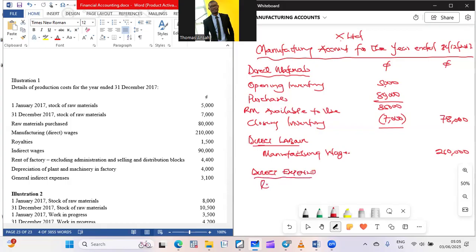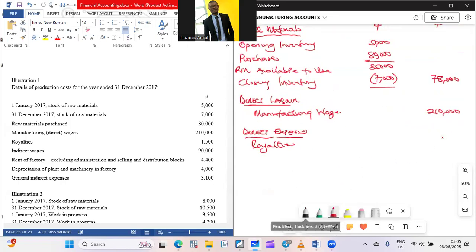We have royalties, right? Is that the only one? I guess so. Royalty is 1,005. Can also add it straight here. So when we add everything together, what is our prime cost? Our prime cost, therefore, is 289,500.